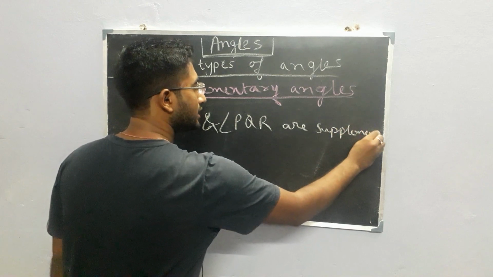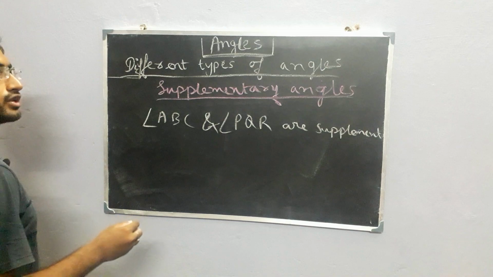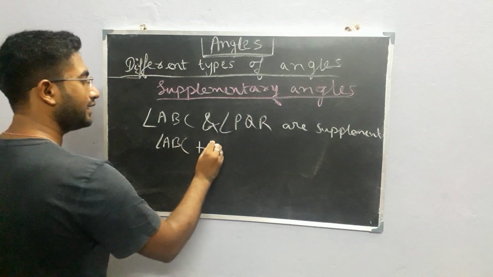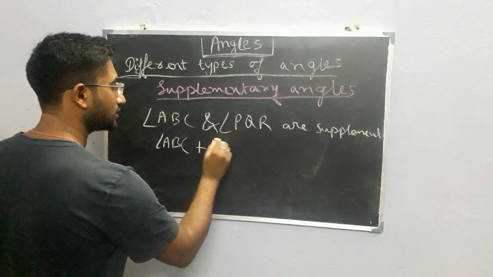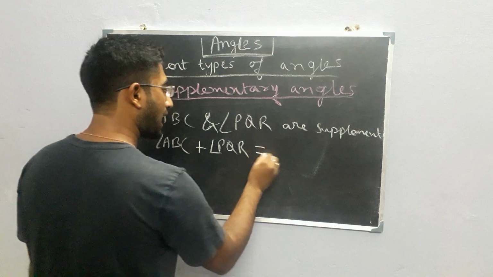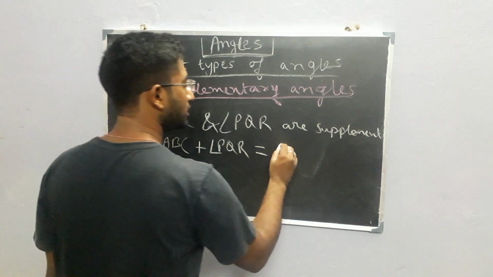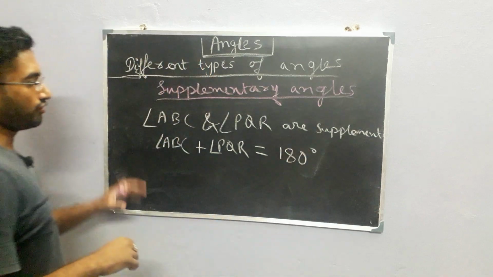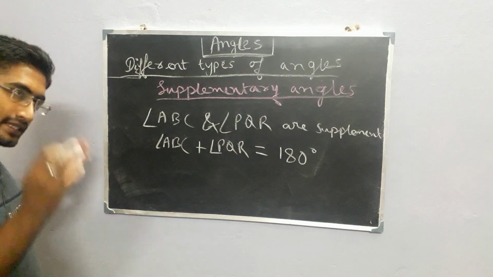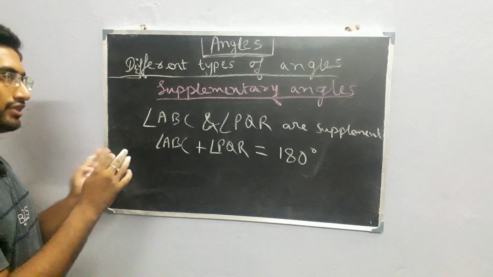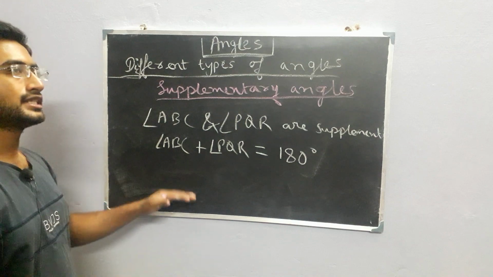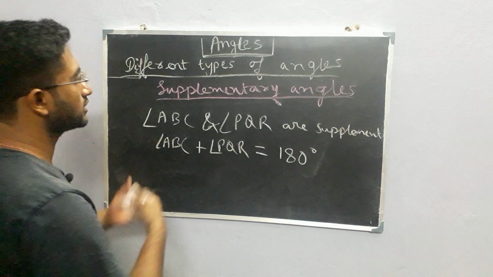So when the value of angle ABC and the value of angle PQR are added, their sum is definitely going to give us 180 degrees. So when these two angles are given to us as supplementary angles, the sum of their values, or the individual values of both the angles when added together, gives us 180 degrees. This is your supplementary angle.